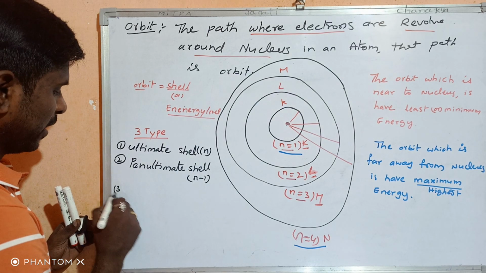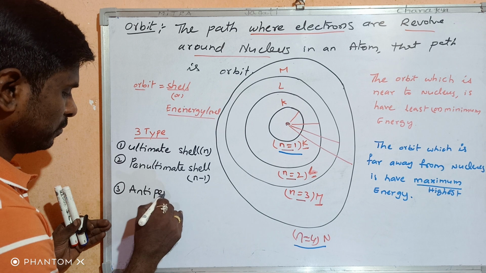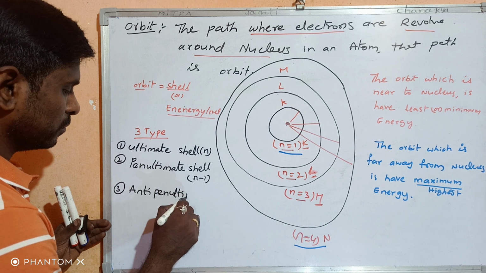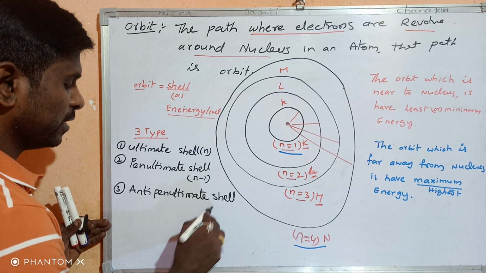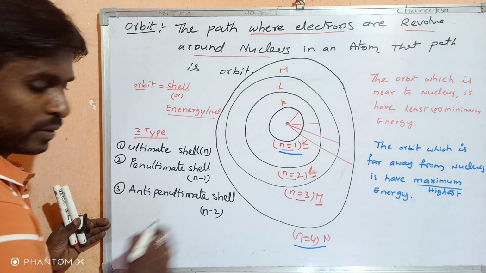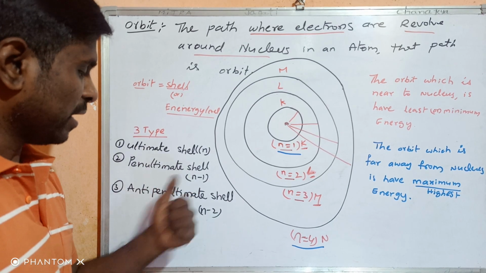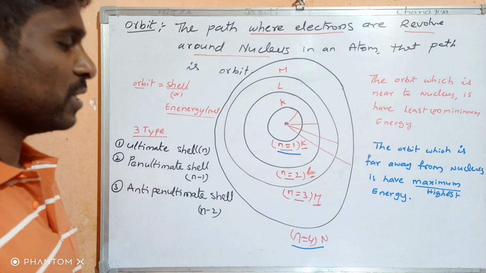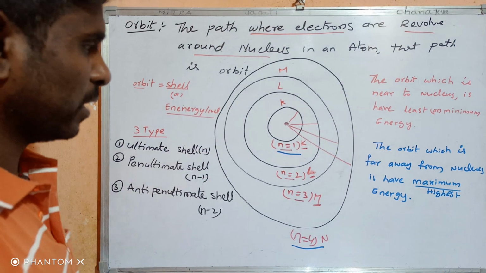Next, the anti-penultimate shell, which indicates n-2. Ultimate shell n, penultimate shell n-1, anti-penultimate shell n-2. Look at the diagram also now.